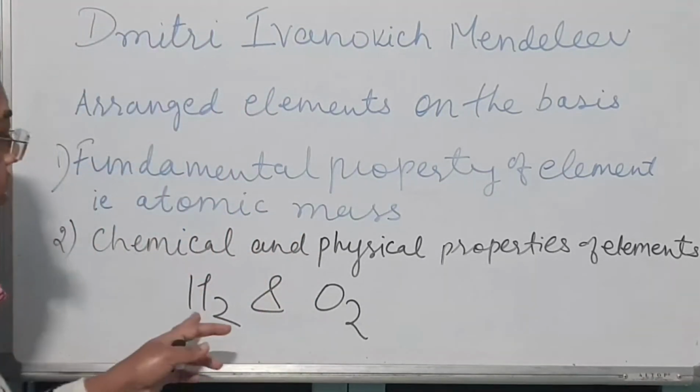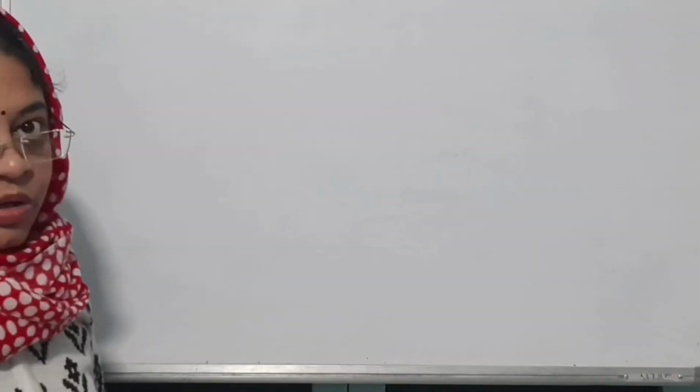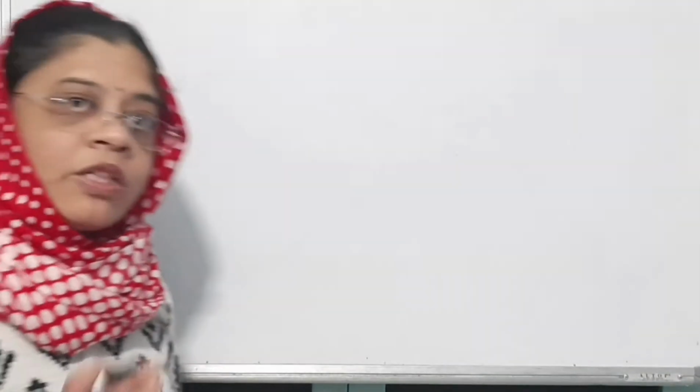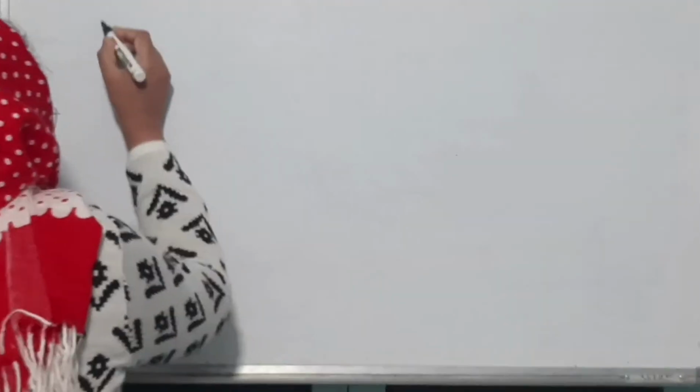And how did he use hydrogen and oxygen? For studying the chemical properties of the element, he chose the compounds formed by the element with hydrogen and oxygen. And now, why did he choose hydrogen and oxygen?